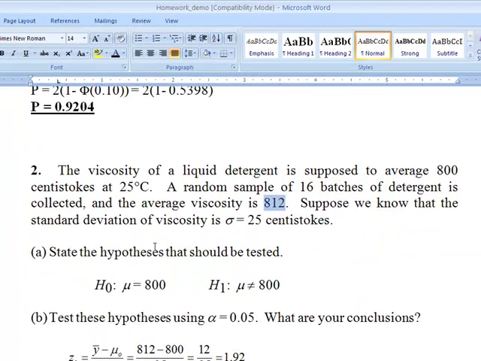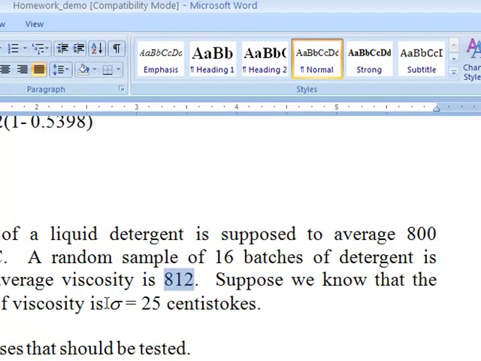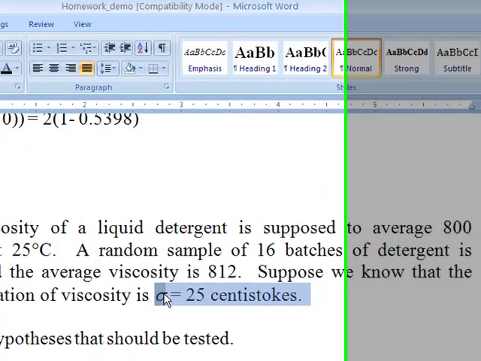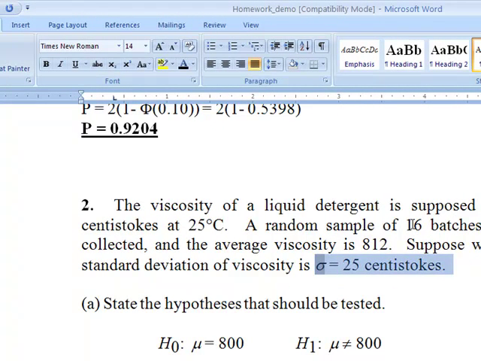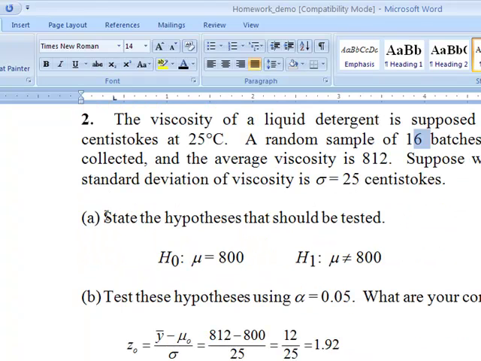Suppose we know that the standard deviation of viscosity is sigma equals 25 centistokes. So we know mu, we know sigma, we also know n, which is the number of batches, 16, right? So first question, state the hypothesis that should be tested.